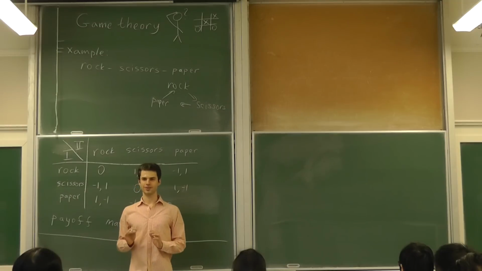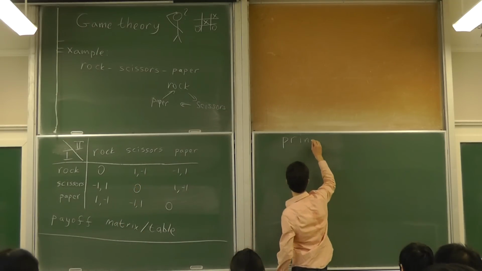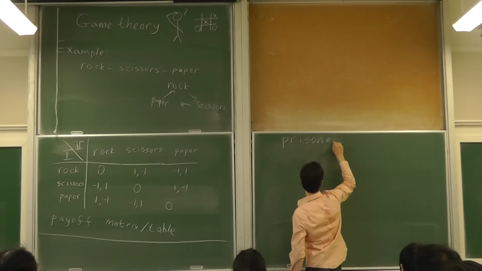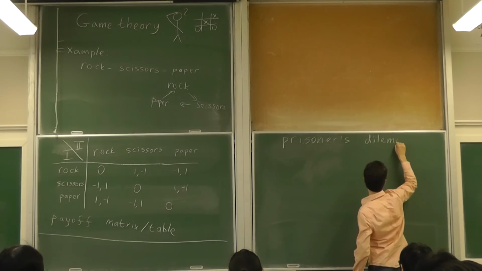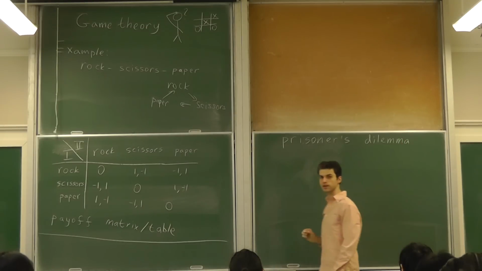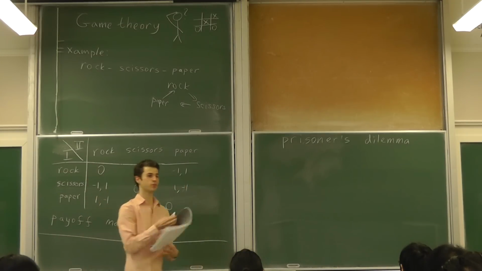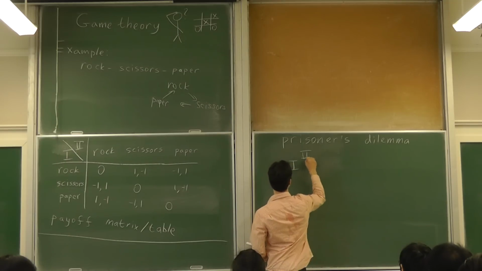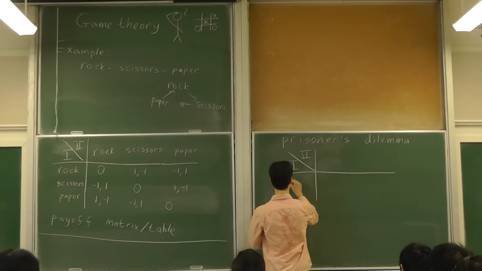So let me give another very common example that's given in this context. It's called Prisoner's Dilemma. And instead of telling you what the game is, I'll just give you its payoff matrix first. And then we'll discuss the story behind this thing.